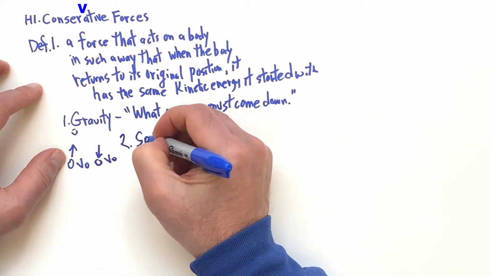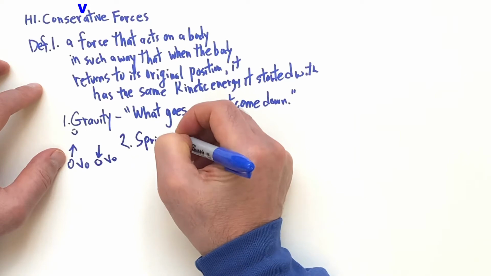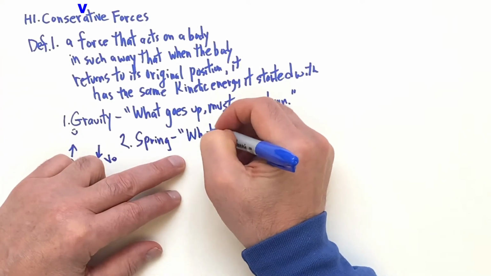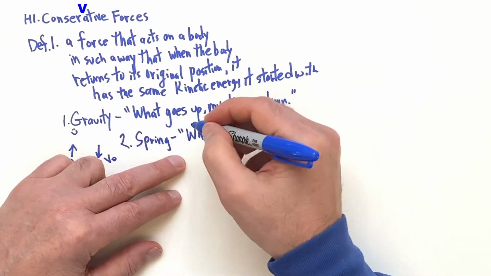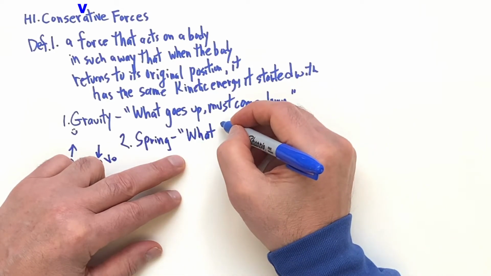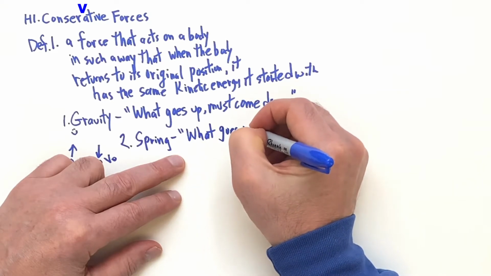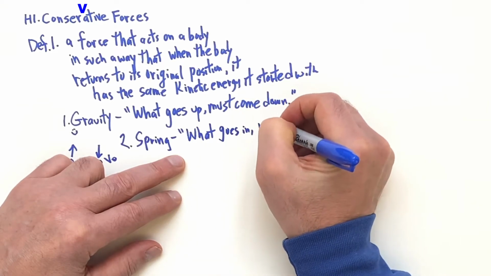Two, the spring, which I like to think of as, and there's no friction in these cases, ideal gravity, ideal spring. What goes in must come out.